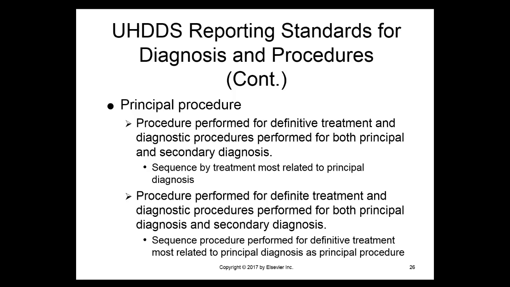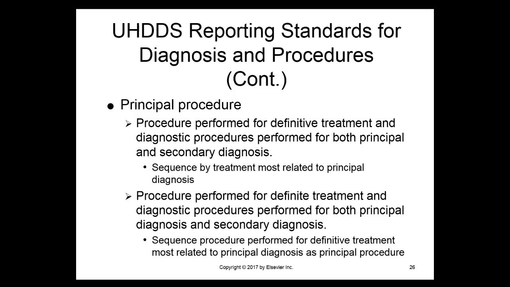Okay, if we perform a procedure for definitive treatment and diagnostic treatment for the principal diagnosis and a secondary diagnosis, then we sequence the procedure for the definitive treatment that's most related to the principal diagnosis first. So for instance, think about a patient who has a breast mass.